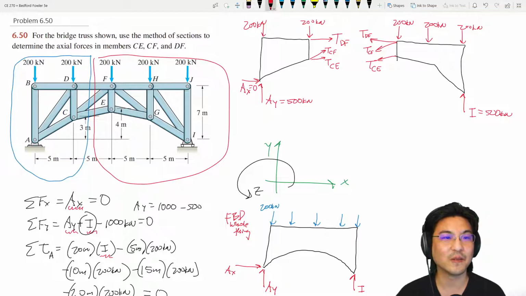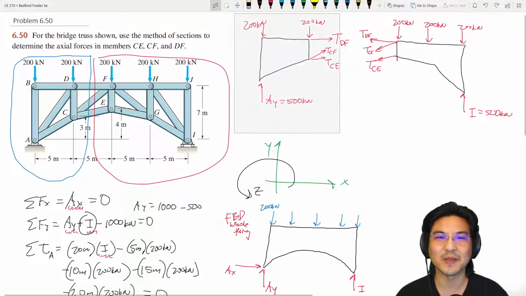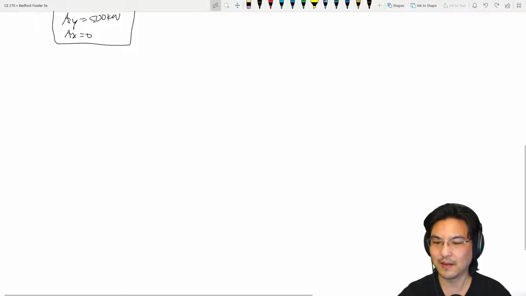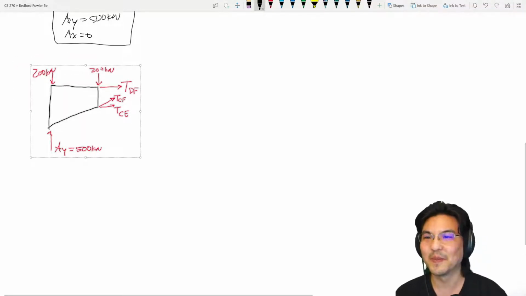Okay, so I'm just going to erase AX equals 0 over here because we know it's 0. Okay, so now looking at these two sections, I think I'm going to pick this one just because there are less forces to deal with. Okay, I'm just going to copy it and move it over. Okay, so now we have this free body diagram.